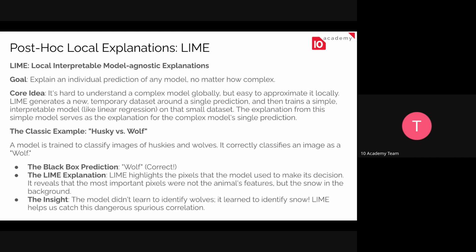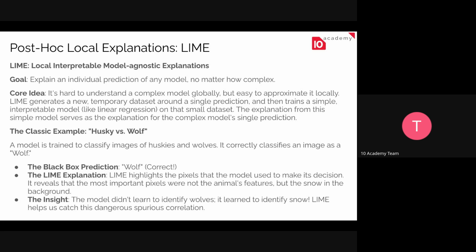But when you take a look at the explanation, you can see how LIME highlights the pixels that helped the model identify the animal in the picture as a wolf. For example, if it reveals that the most important pixels were not the animal's features but the snow in the background, that's not going to be good, because the model did not learn to identify wolves, but it has learned to identify snow.